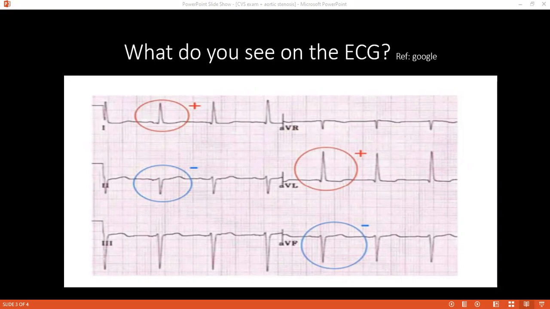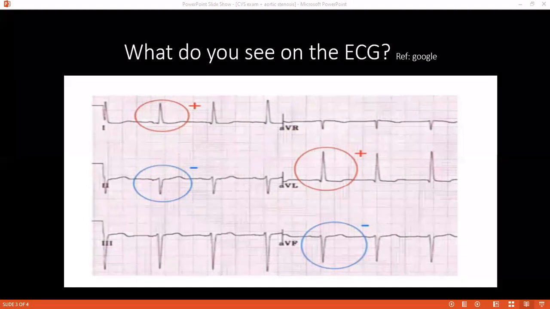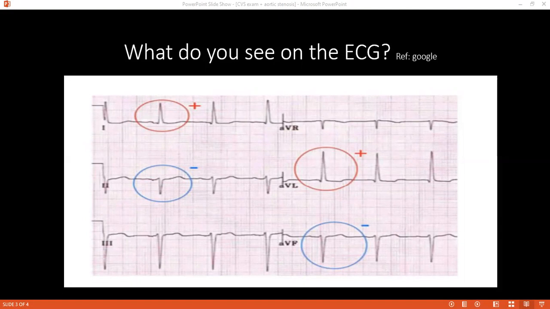Whenever it is hypertrophied there will be left axis deviation, presented in the ECG with leads 1, 2 and 3 going away from each other. Whenever there is pulmonary stenosis, there will be right ventricular hypertrophy and right axis deviation, and you will find all the depolarization in leads 1, 2 and 3 going in the same direction.